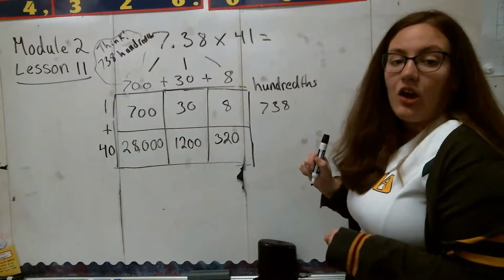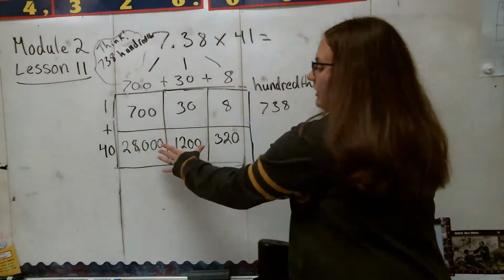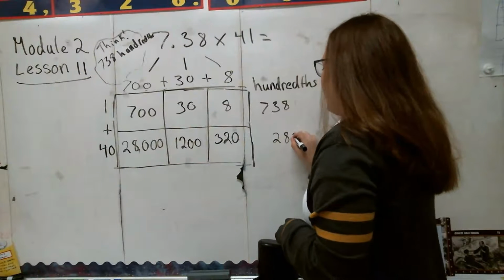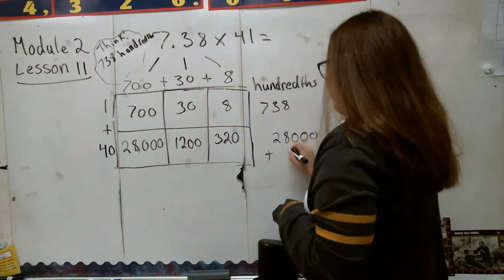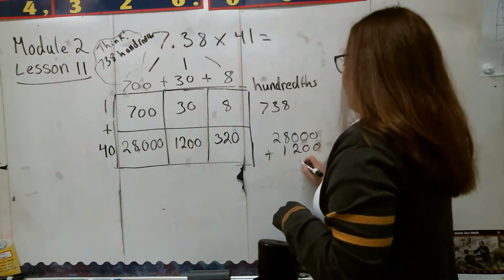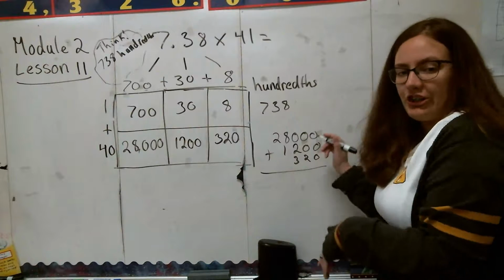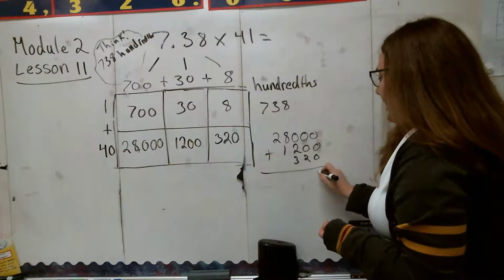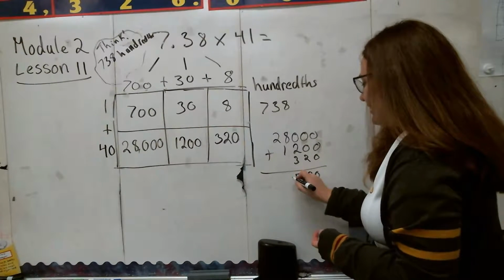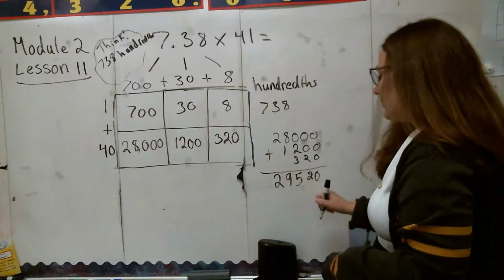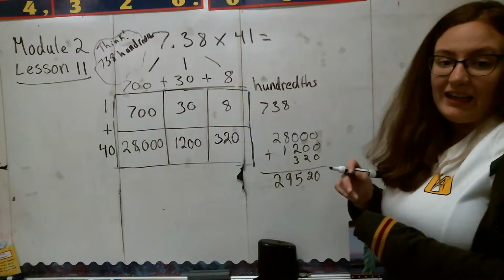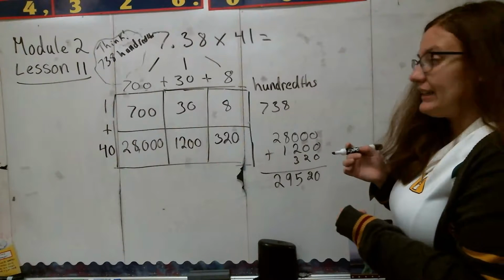Now I need to add all of these partial products together to create my next partial product. And I can set up a standard algorithm to help me out with this since these numbers are a little bit bigger. So I add them up, and they give me my next partial product of 29,520.